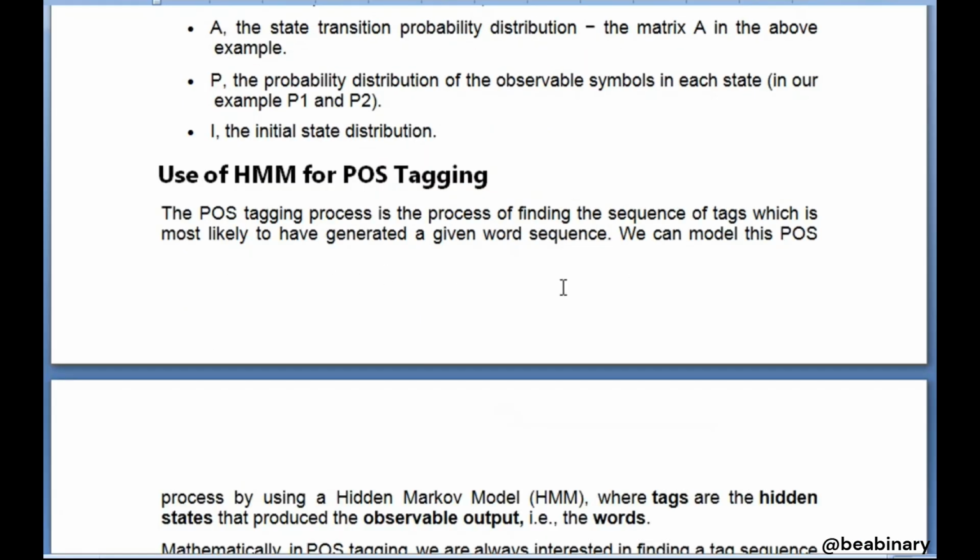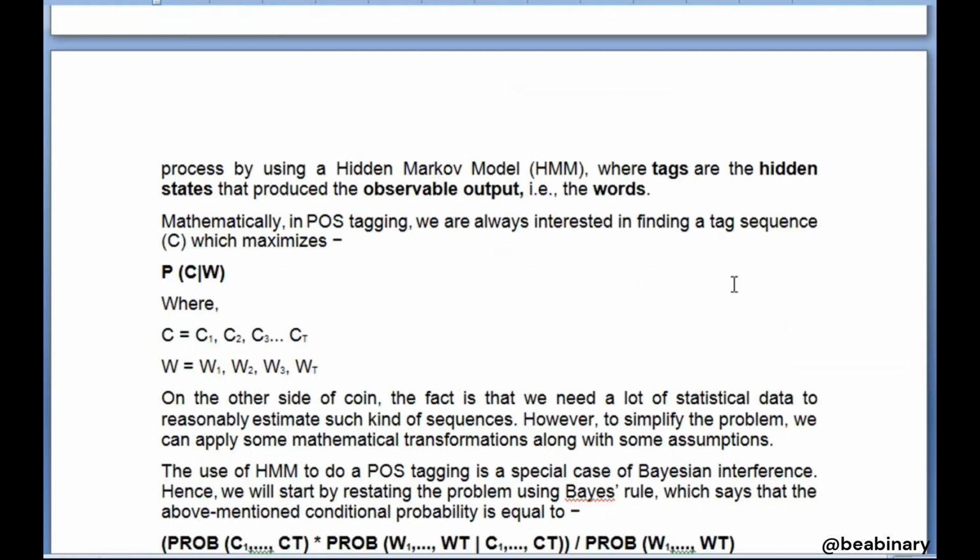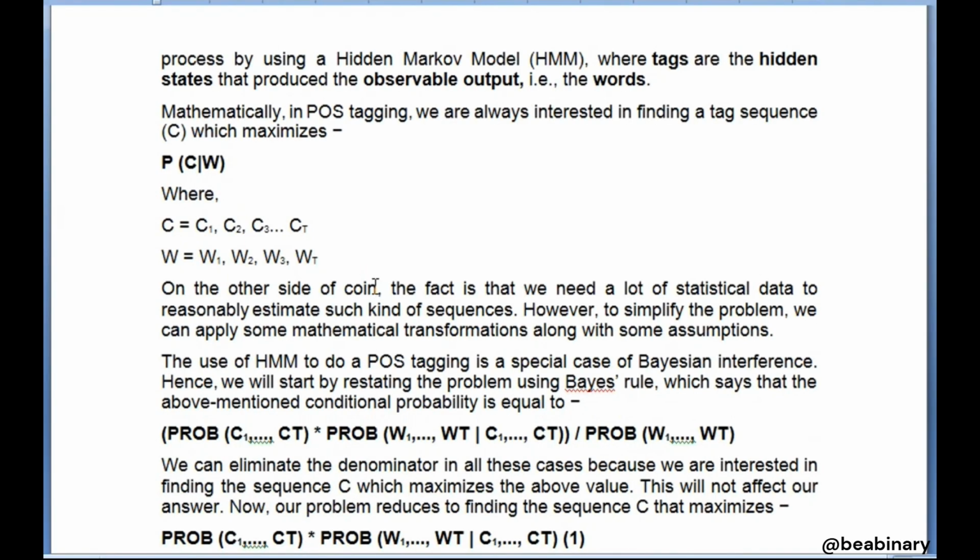So we can model this POS process by using the HMM, where tags are hidden states that produce the observable output, that is the words: head, tail, whatever. So mathematically, in POS tagging we are interested in finding the tag sequence C that maximizes the probability given that sequence of words.